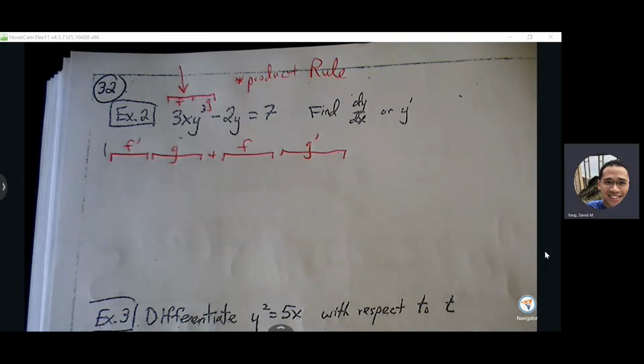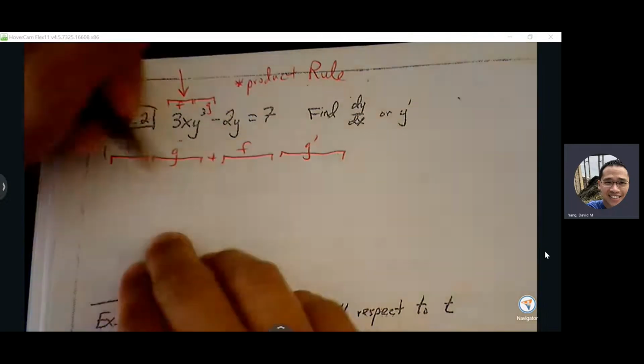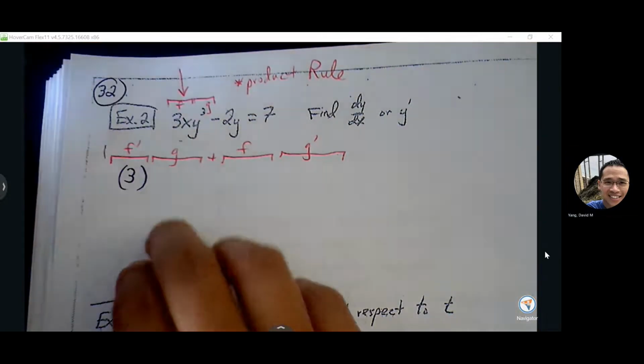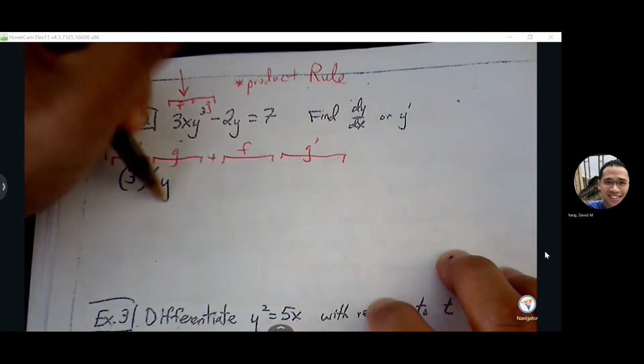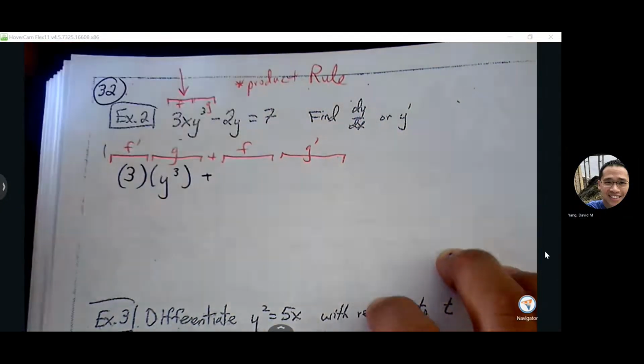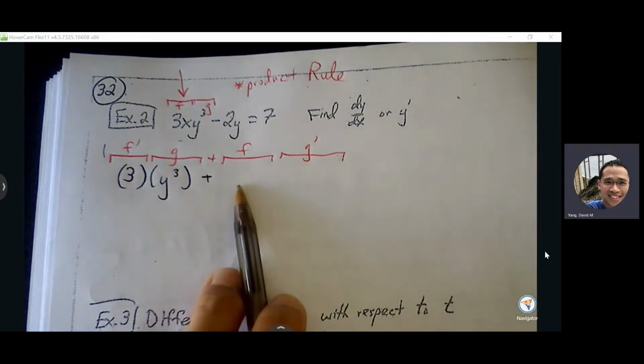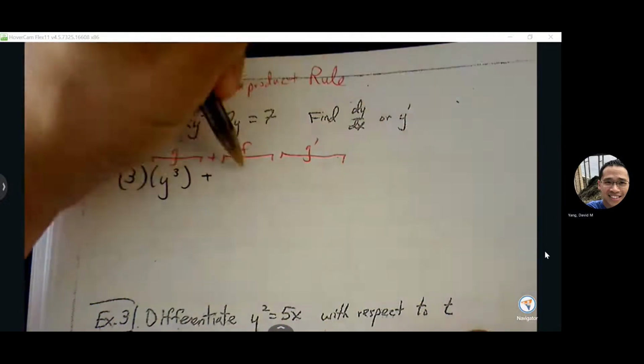Okay, so f prime g plus f g prime. What's f prime? 3x becomes 3. What's g function? y cubed. Back to f, 3x.